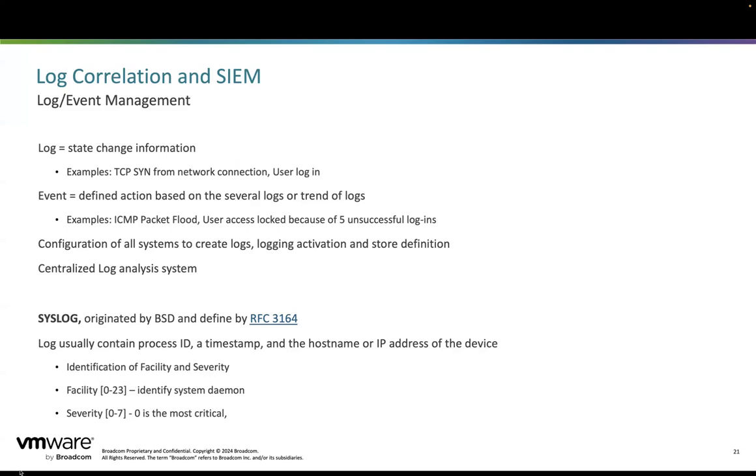Now, syslog, which originated by BSD and is defined by RFC 3164, has logs that usually contain the process ID, a timestamp, and the host name or IP address of the device. So identification of facility and severity, the facility being 0 to 23, identifying a system daemon, and the severity of 0 through 7, where 0 is the most critical.